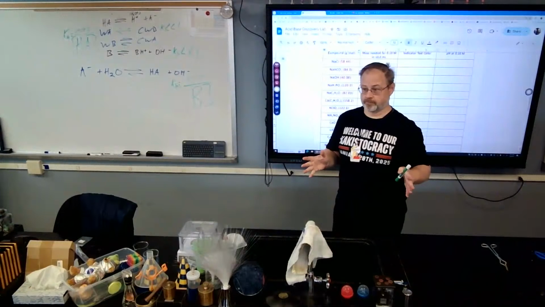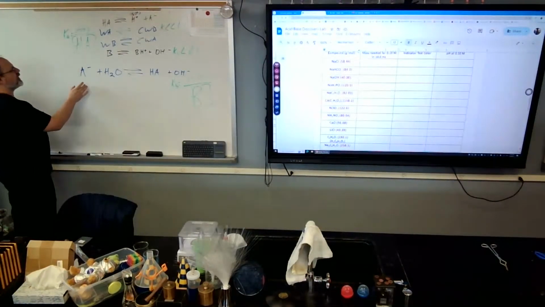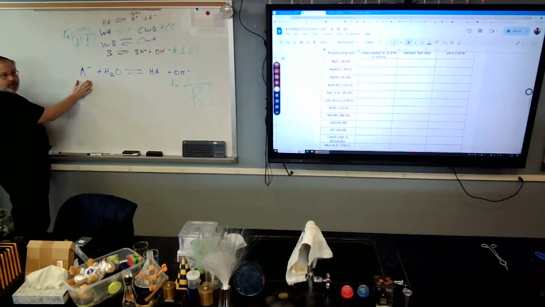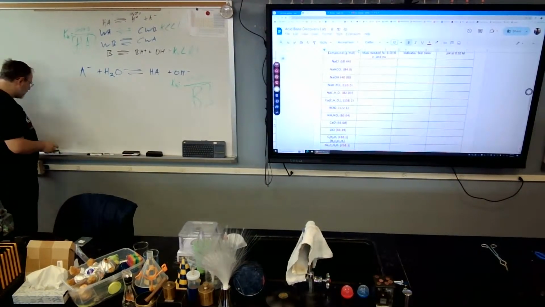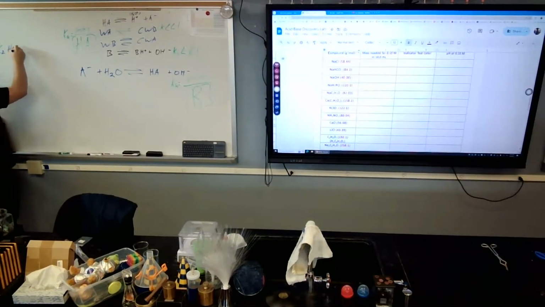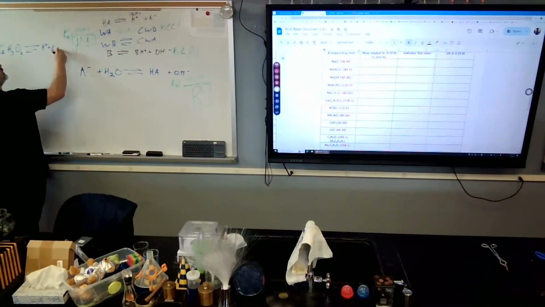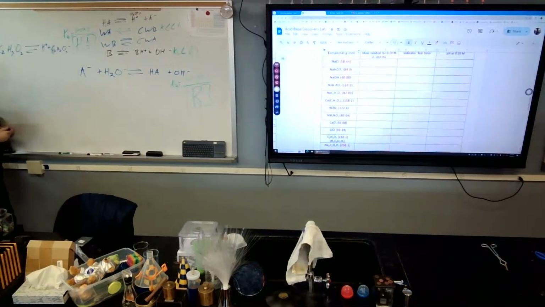Is that clear? Okay, so then I asked you, what happens if you just add the A minus to water? No HA, just the A minus. For instance, a classic weak acid is acetic acid, HC2H3O2. There's acetic acid, and it breaks down into a proton plus the acetate ion, which is C2H3O2 minus.